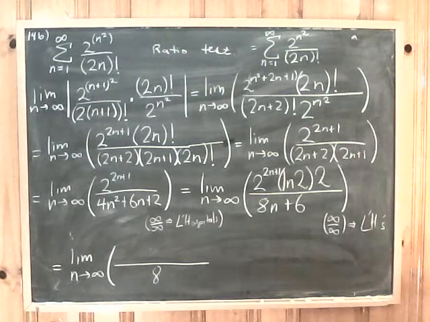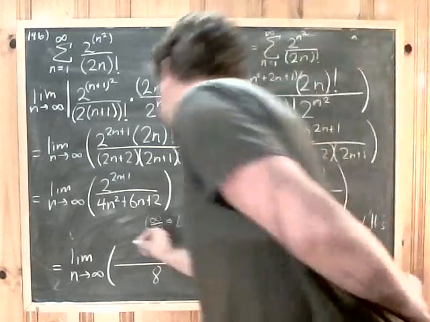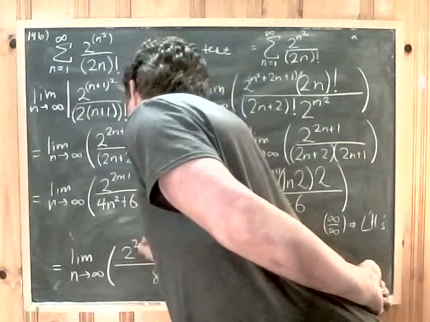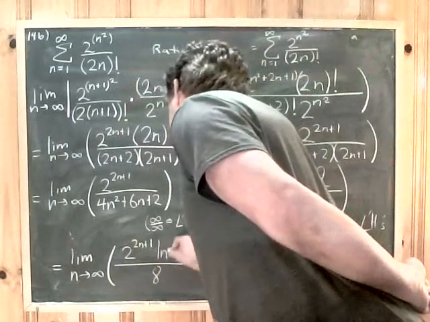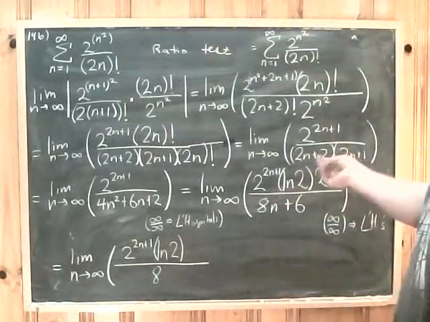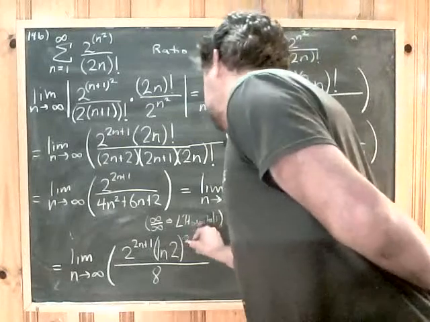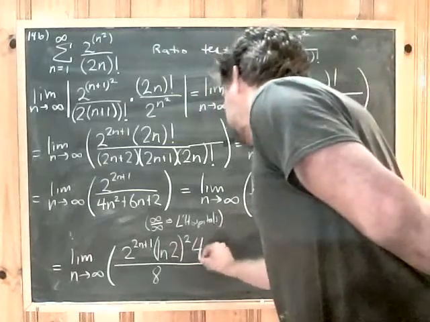But the derivative of 2 to the 2n plus 1 is going to be the same thing I did already. So I'll have 2 to the 2n plus 1. I'll have a natural log of 2. Well, I'm going to have another one, so I'll just go ahead and square that one because it's natural log of 2 times natural log of 2. And I'll have 2 times 2 again, so times 4.